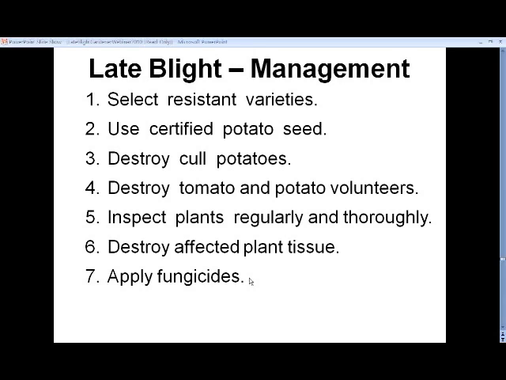Next step in management is to apply fungicides. This is a very difficult disease to control by just removing plant tissue. Really your only other option for management. If you've got a good resistant variety, you'll have a lot less affected tissue. You might be able to slow it down that way.